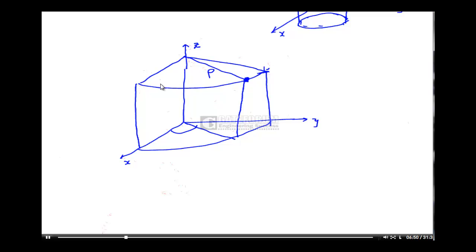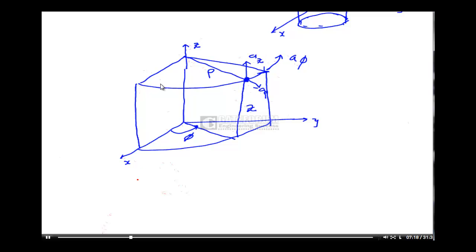This is phi, and this is z. So this is the unit vector a phi. This is the unit vector a rho. This is the unit vector a z. So like this, I can represent a point on a cylindrical surface.